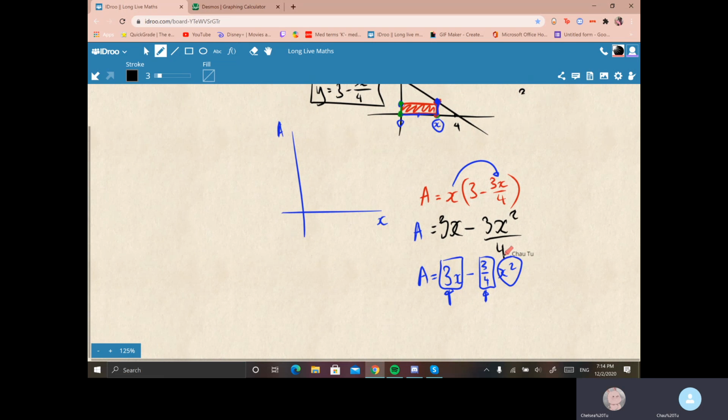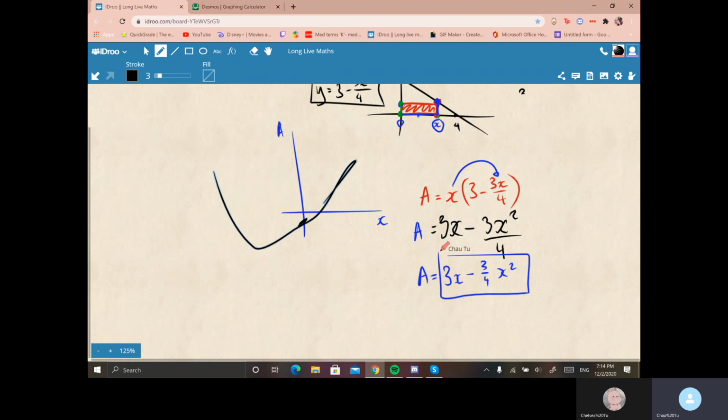Let me think. So basically, sketch this graph. What does it look like? What's the intercept, Chelsea? -3/4. Is that the intercept?